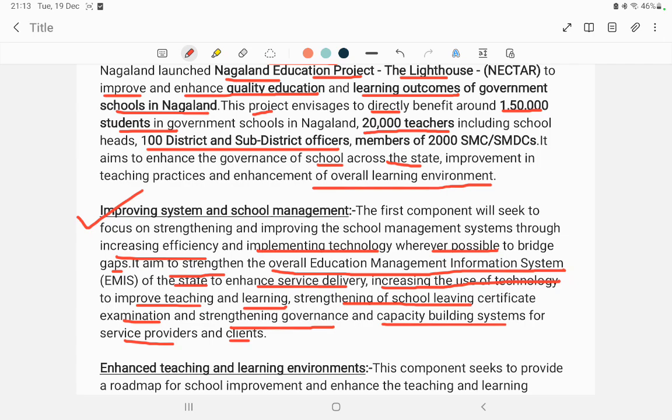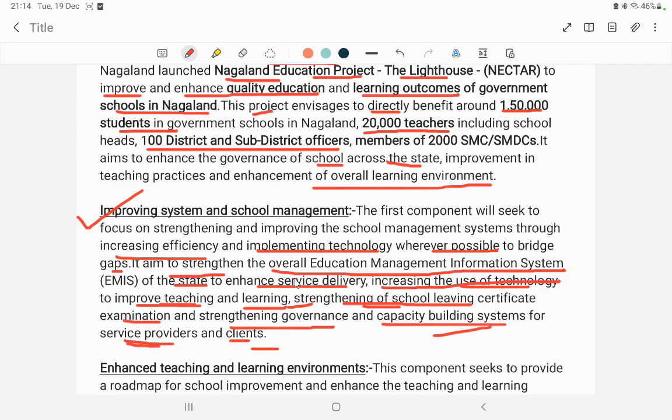So this increases the use of technology to improve teaching and learning, and strengthens the exams, meaning the school exams are conducted more strictly. Capacity building for service providers and clients means private companies provide education.